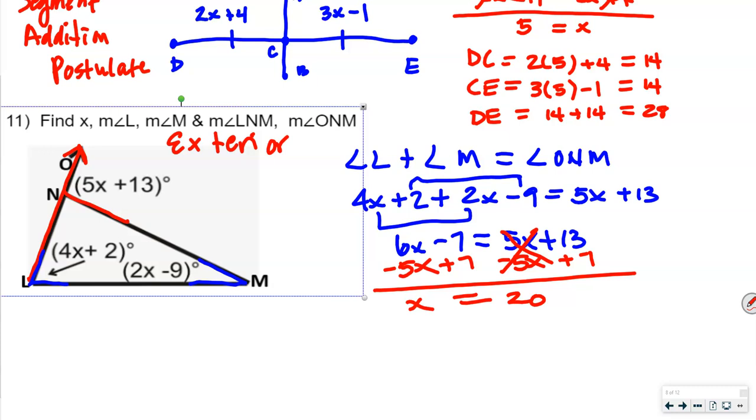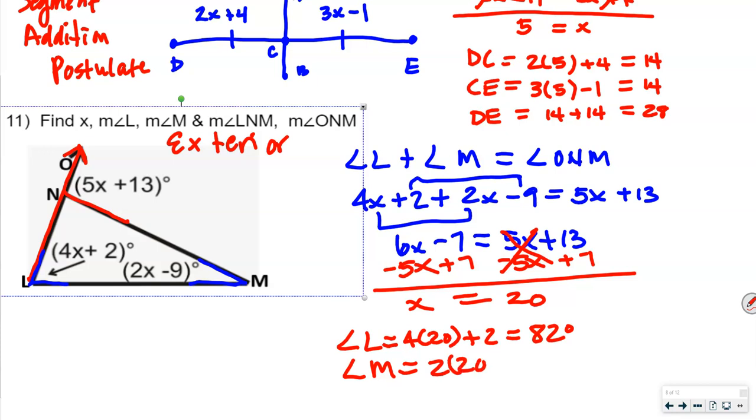Okay, so now it wants us to also put those back in, right? So we're going to find each angle measure. So angle L is going to be equal to 4 times 20, that's 80, plus 2, so that's 82 degrees, right? Then we have angle M, which is equal to 2 times 20, that's 40, minus 9, so that's equal to 31 degrees.